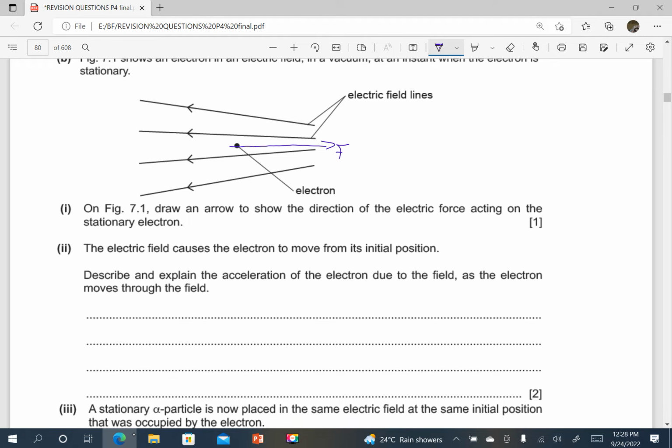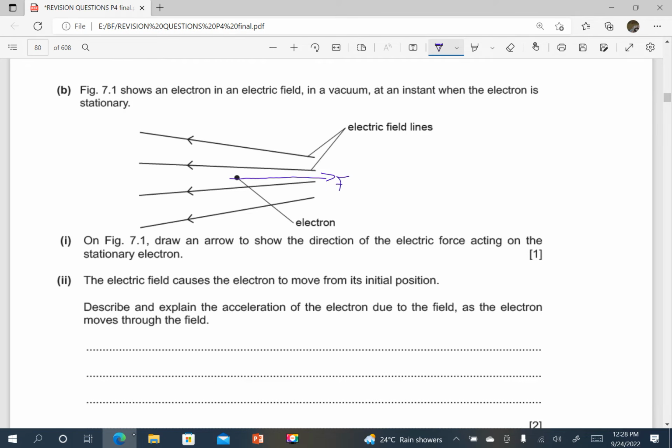Because the force is in that direction, there's a resultant acceleration in that direction. But you notice that the field lines are getting closer. That means the field strength is increasing. The resultant force is increasing, so the acceleration must be increasing.